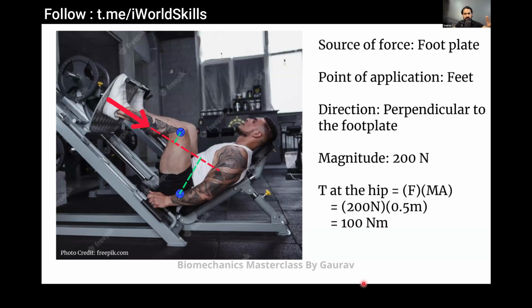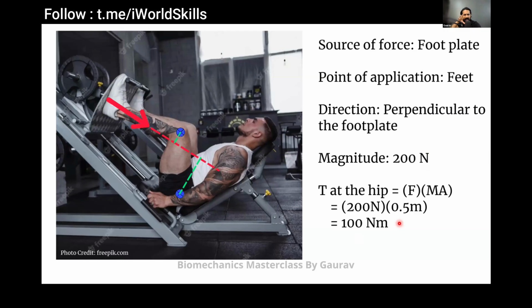But for this particular masterclass, we are going to be doing a lot of calculations as well, just to make sure that these concepts imprint very well in our brain. But in the practical world, it's your visualization that you need to develop from this point on. Now, up till this point, we have actually discussed specific positions of different exercises. We have not discussed how to analyze the entire range of motion of an exercise.